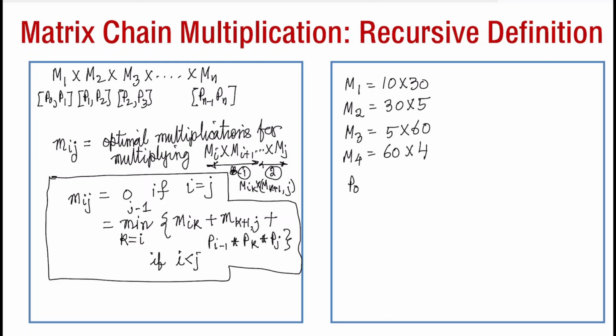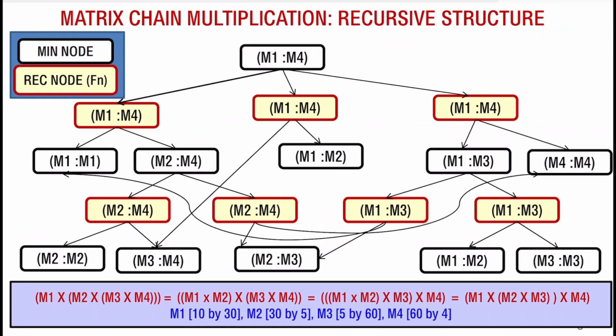Then for me P0 is 10, P1 is 30, P2 is 5, P3 is 60, and P4 is 4. Now for this I need to find the optimal sequence, and we have to analyze how we obtain this optimal sequence. In order to do this, let us look at the recursive structure.